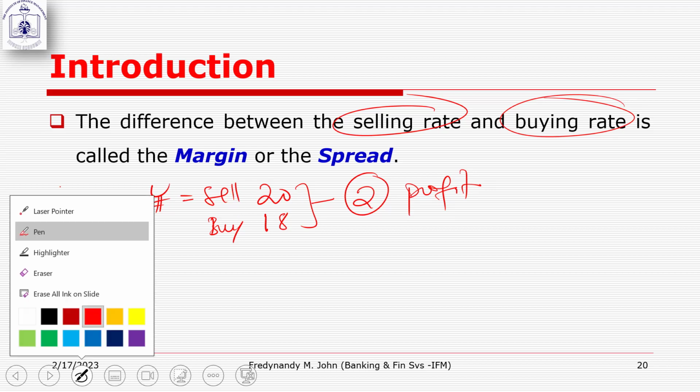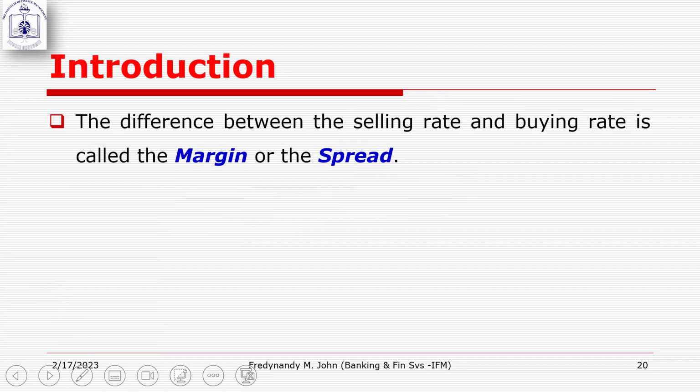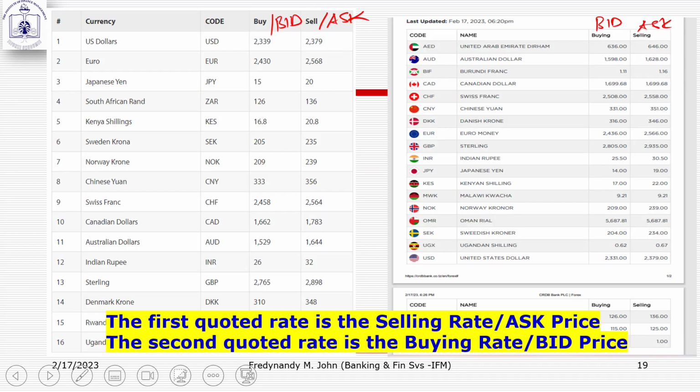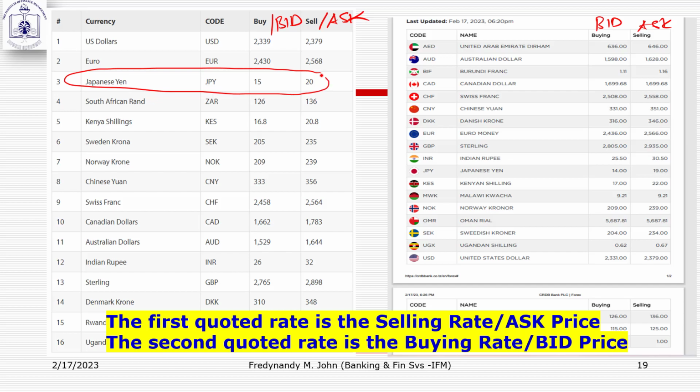Let's do a practical example. Over this line here, we see that dealer 1 is willing to sell and buy Japanese yen at 15 and 20 Tanzanian shillings.